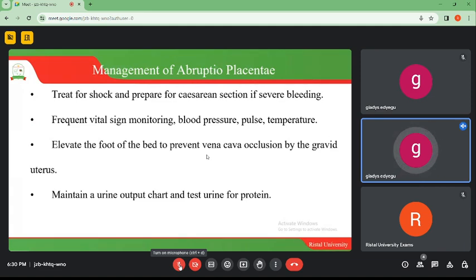Then maintain a urine output chart. Below 30 mils per hour is already an indication of kidney or renal failure.